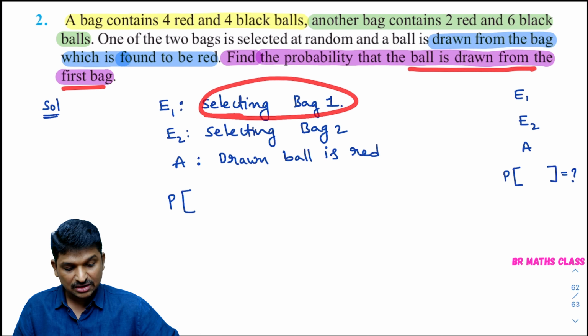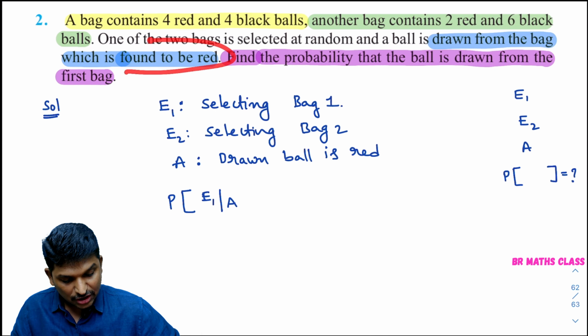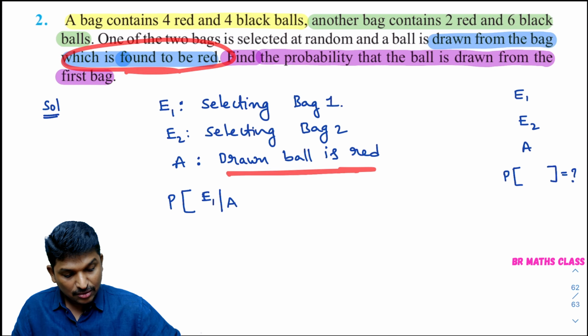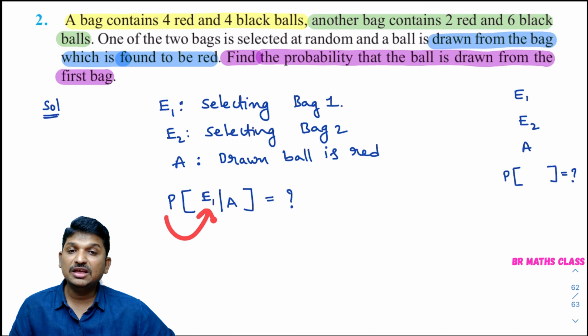So we need to select bag 1. We know that the drawn ball is red. Probability of selecting bag 1, given that the drawn ball from bag 1 is red.